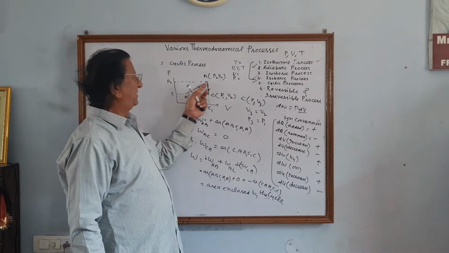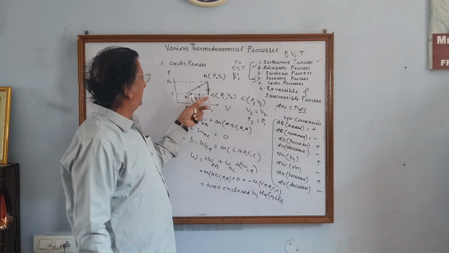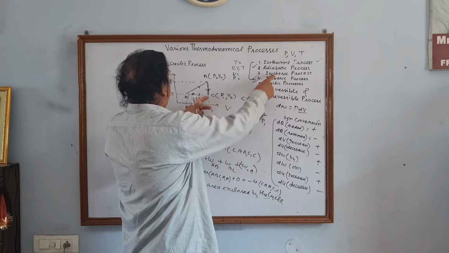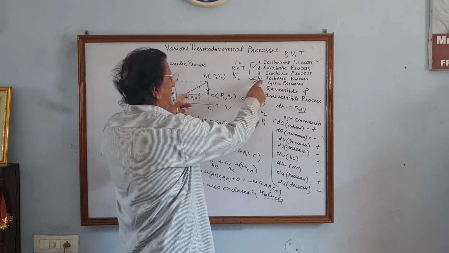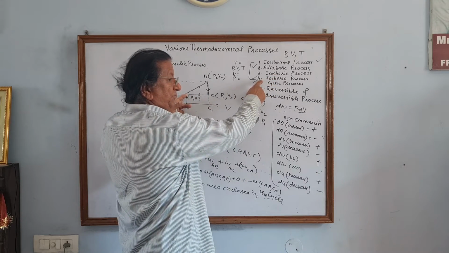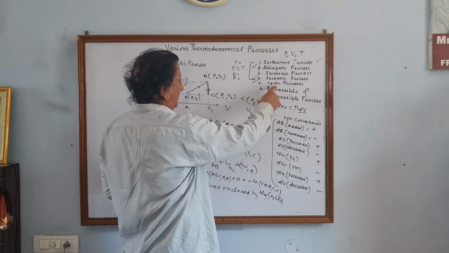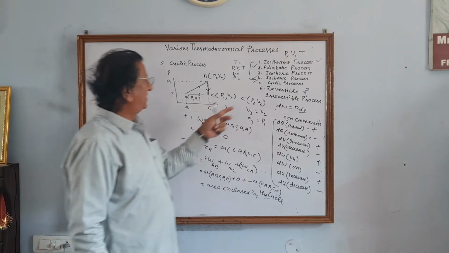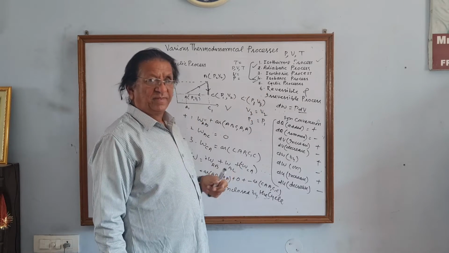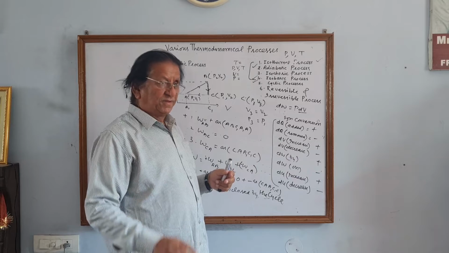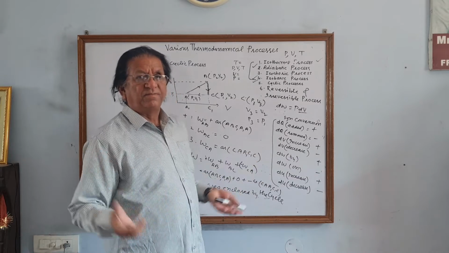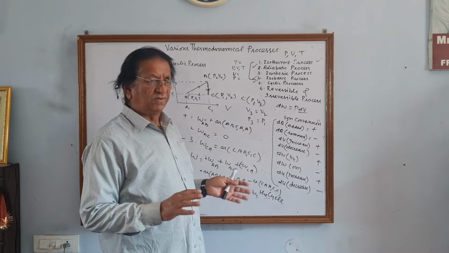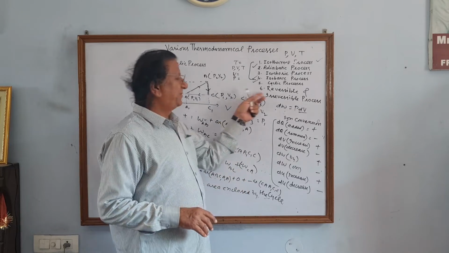A to B indicates isothermal process, B to C when volume is constant isochoric process, C to A isobaric, pressure is kept constant. Okay, and there is overall cyclic process. And it is reversible also. When system achieves the same values after undergoing various processes, we will say okay, entire processes are reversed. So it is a reversible process also.